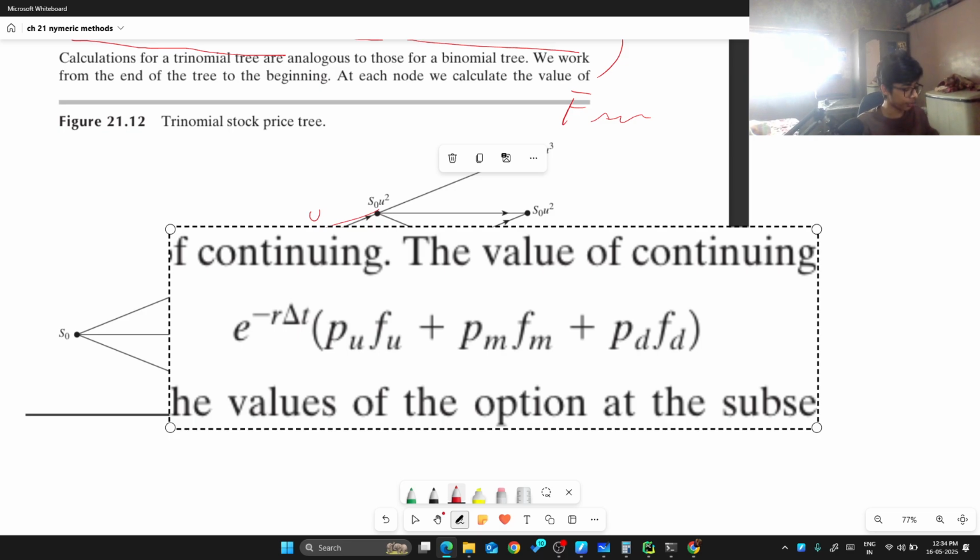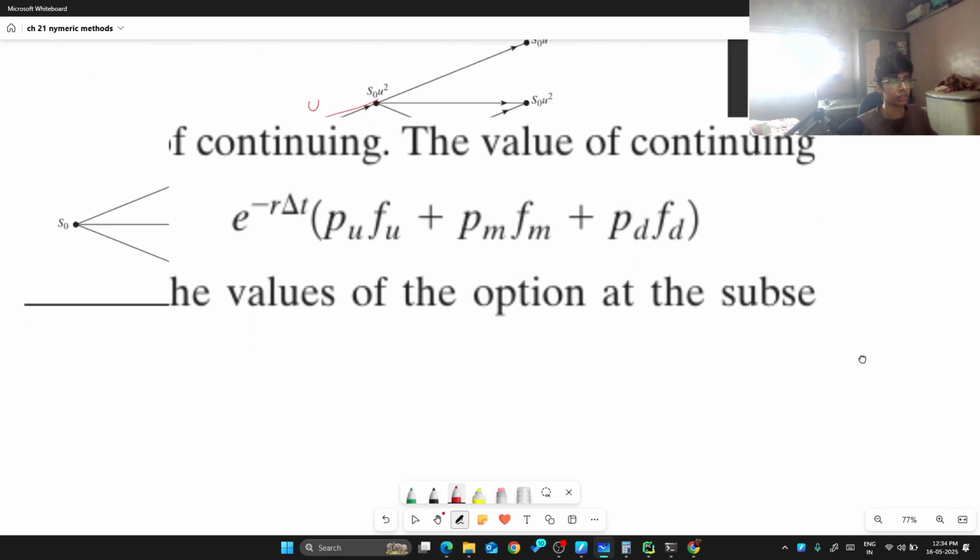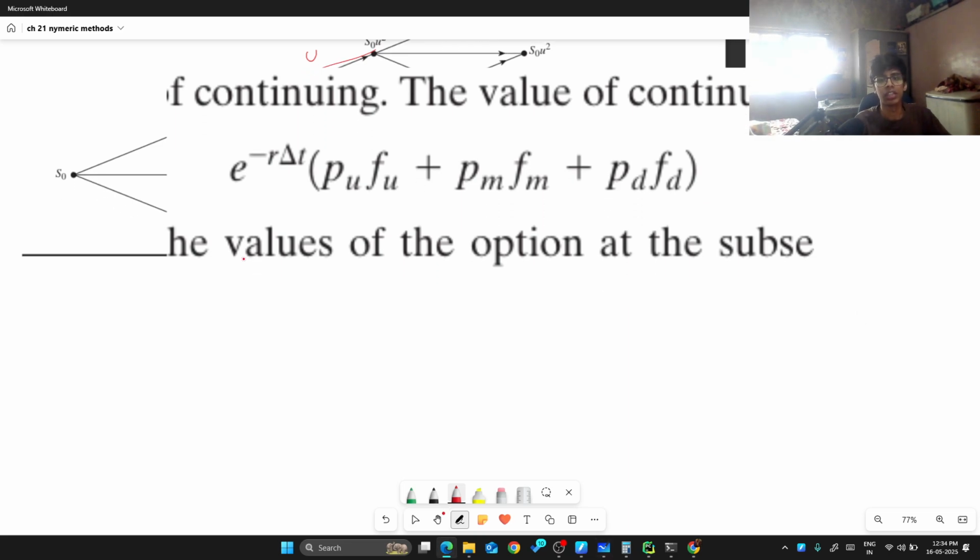Let's see time-dependent parameters. In this binomial tree we assume that r, q, and sigma are constant, right? But they can be stochastic, like in the Heston model, where volatility is stochastic.